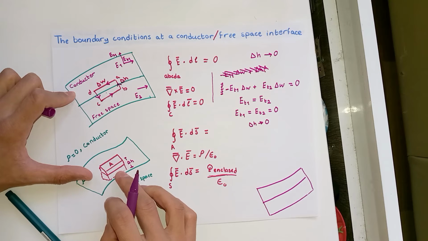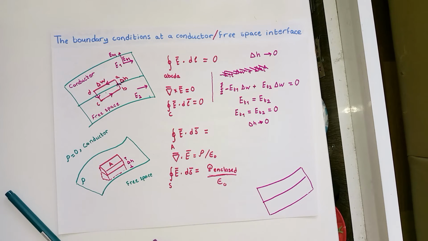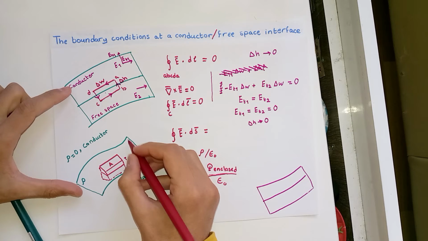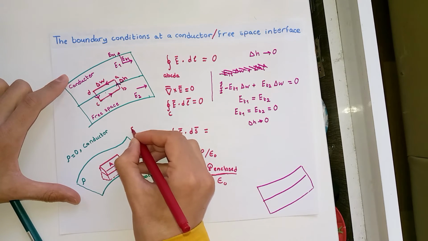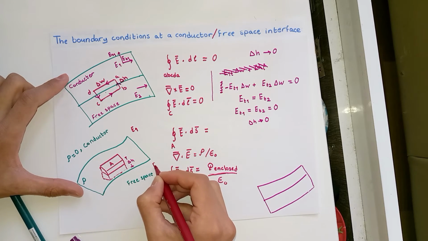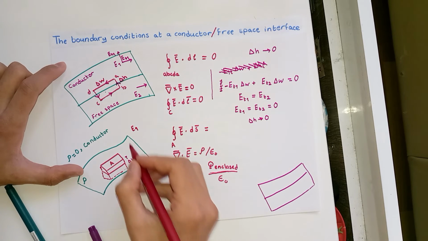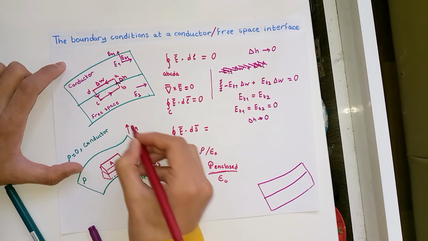Okay. And now we have two surfaces and two components of the electric field. We have the electric field above this interface. Let's say electric field E1, which is the electric field inside the conductor, and E2 is the electric field inside the free space. For simplicity, let's say that both of them are upward, okay?